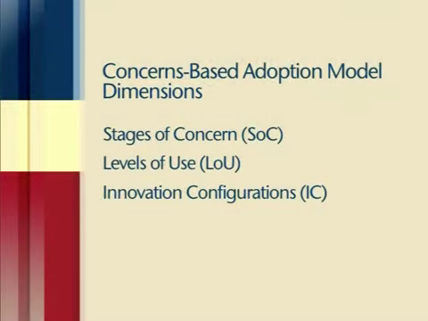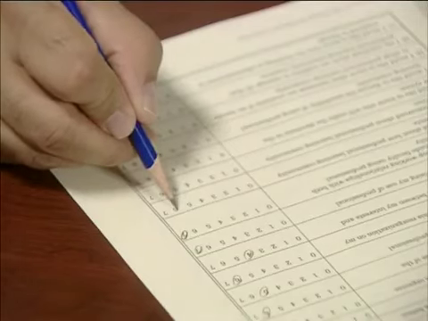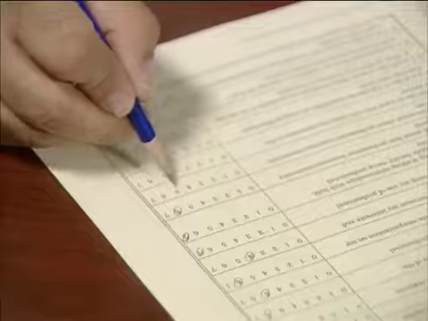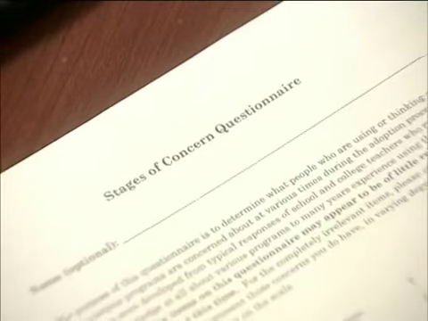The CBAM is made up of three dimensions: stages of concern. While implementing an innovation, teachers are likely to have concerns, whether they are personal concerns, management concerns, or concerns related to the impact of the innovation.